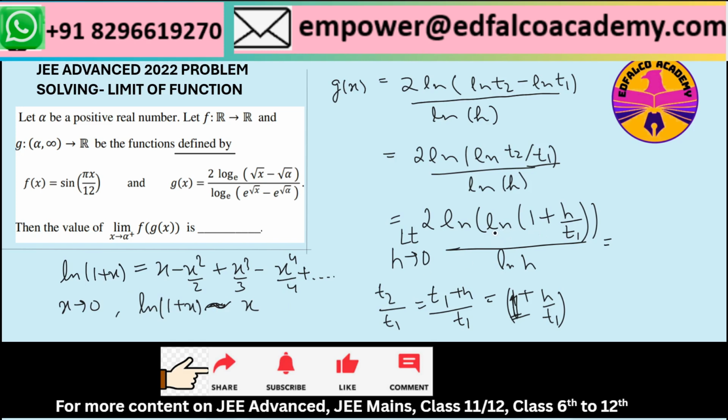So I can say that this ln of 1 plus h by t1 will be approximated to h by t1. So that means I have reduced one further step, and it will be limit as h tends to 0, 2 times ln of h upon t1 divided by ln of h.